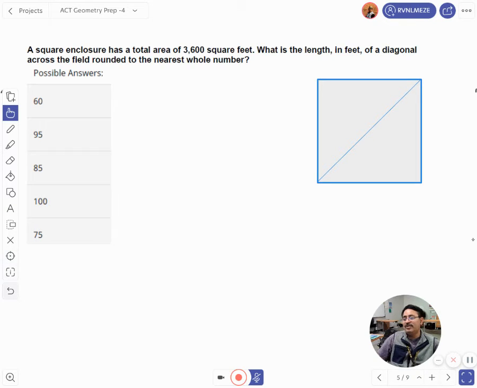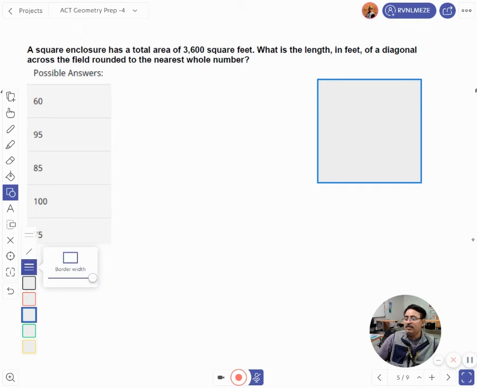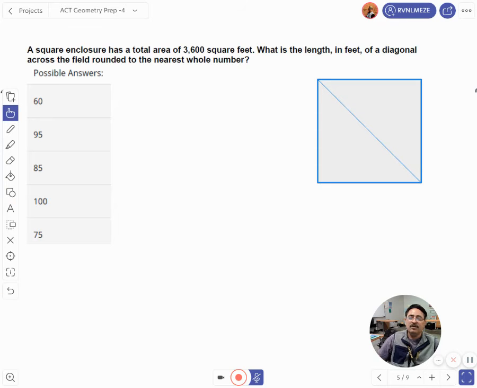Either this one you can take, or else you can take the other diagonal. Either of these two can be taken. Doesn't matter. So here a square is given.